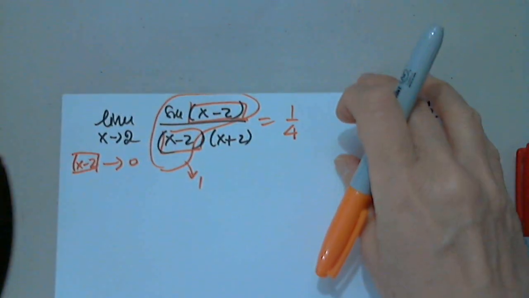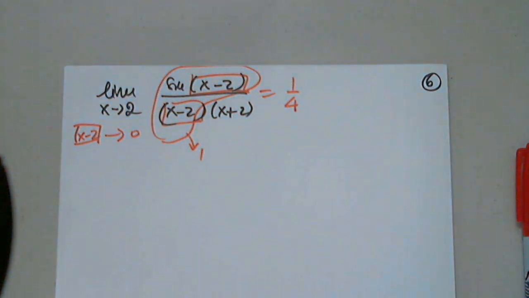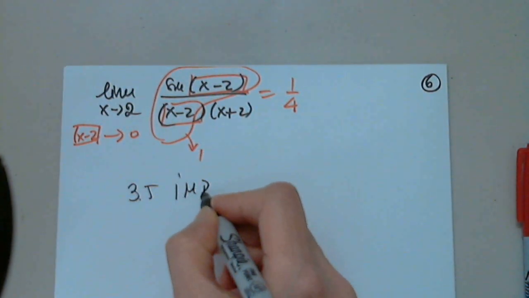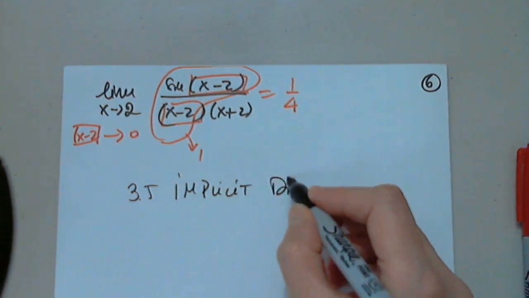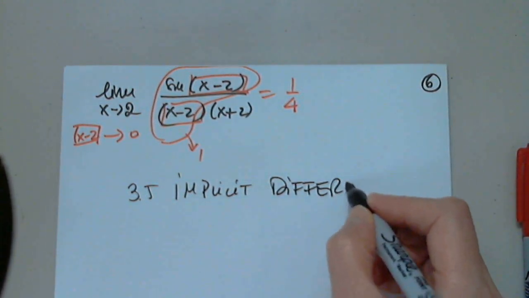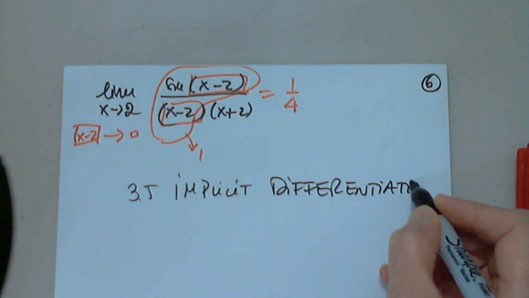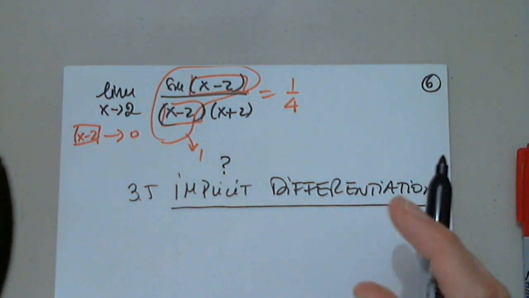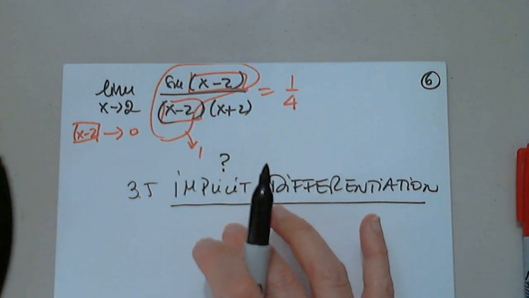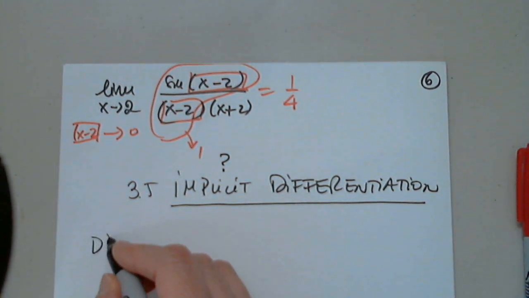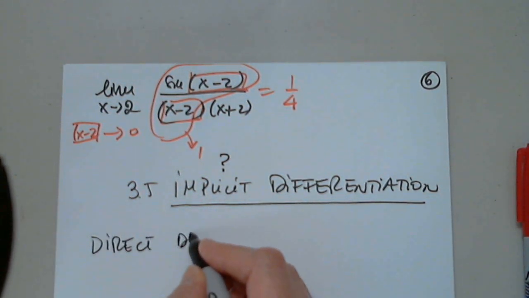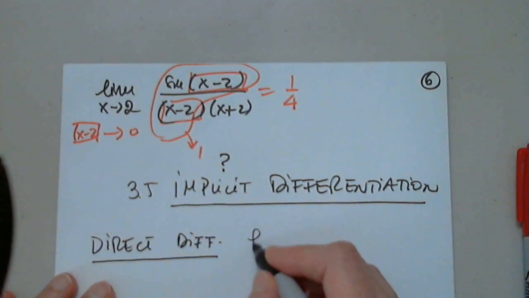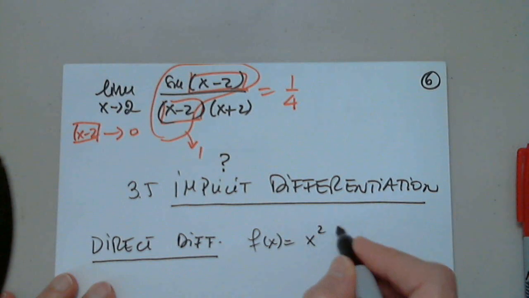Okay, we continue then with something called section 3.5, implicit differentiation. What is this? Before we talk about implicit, let's talk about direct differentiation. This is what we've been dealing with. I have a function which is x squared.